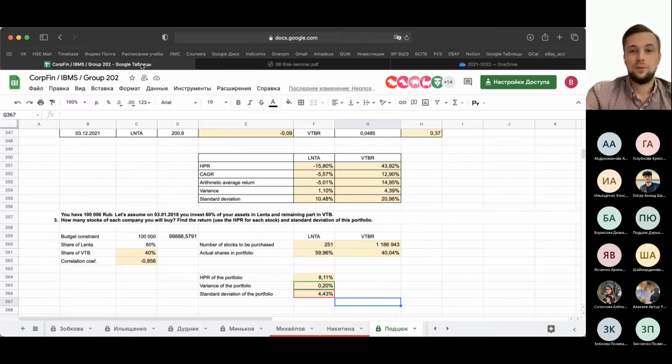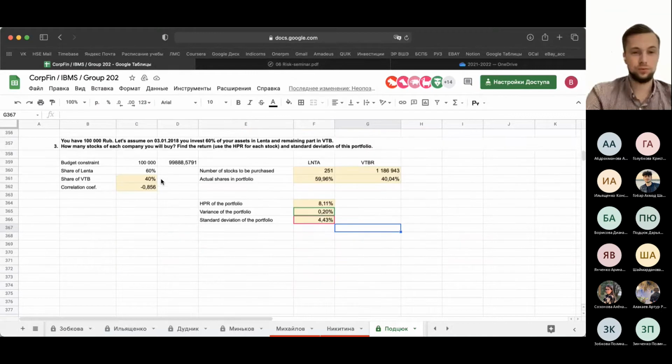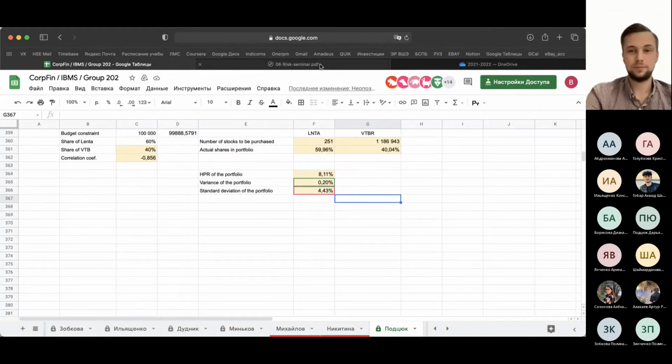Okay. Well, let's try to solve another exercise. We actually have 2 more exercises for today, but let's do at least one.